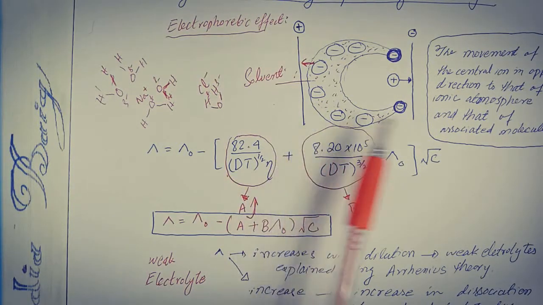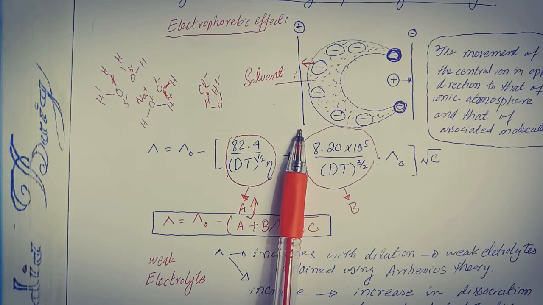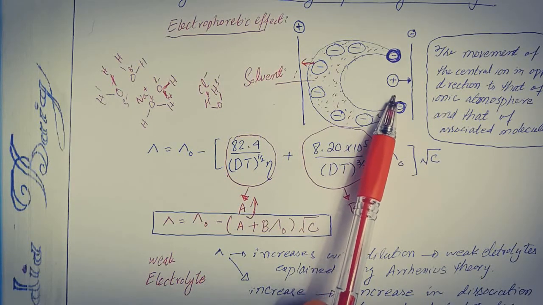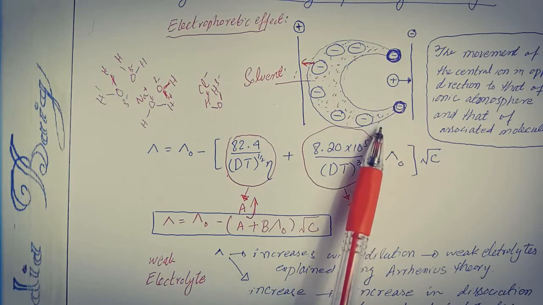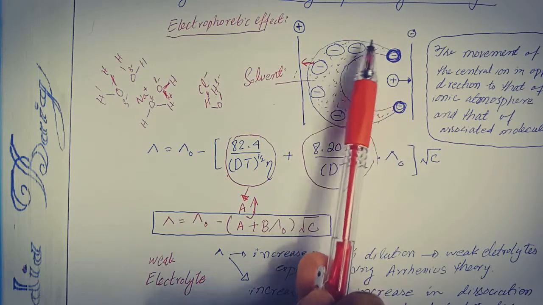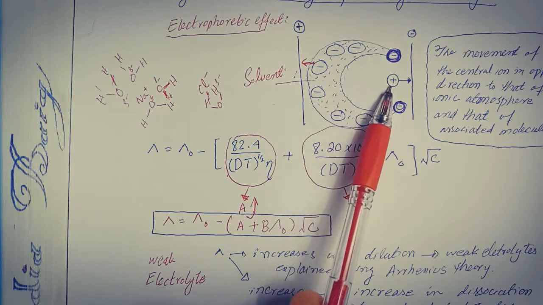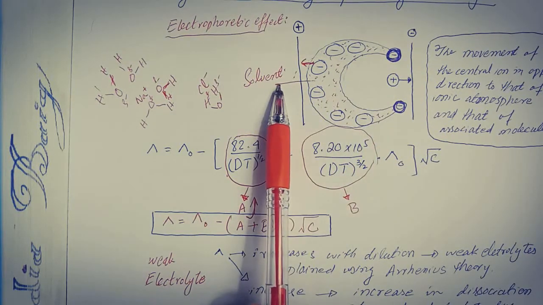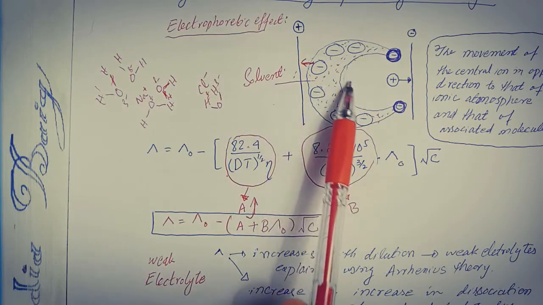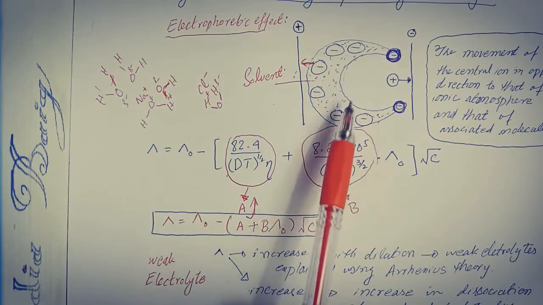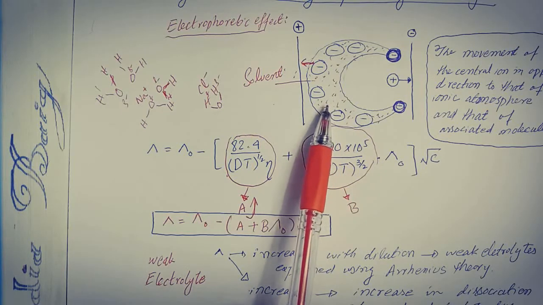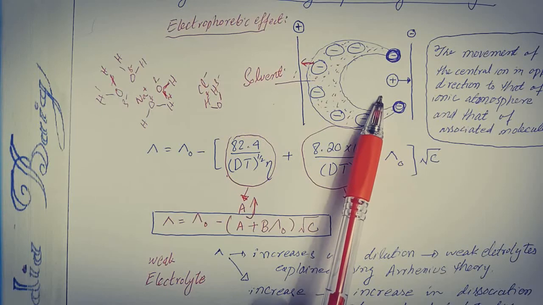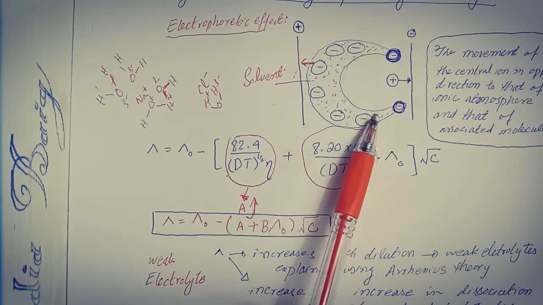During the application of the electromotive force, the central ion moves in one direction and the oppositely charged ions present in their atmospheric sphere move in the opposite direction, and the solvent molecules are also there in the ionic atmosphere. It means that the central ion is moving against this stream.